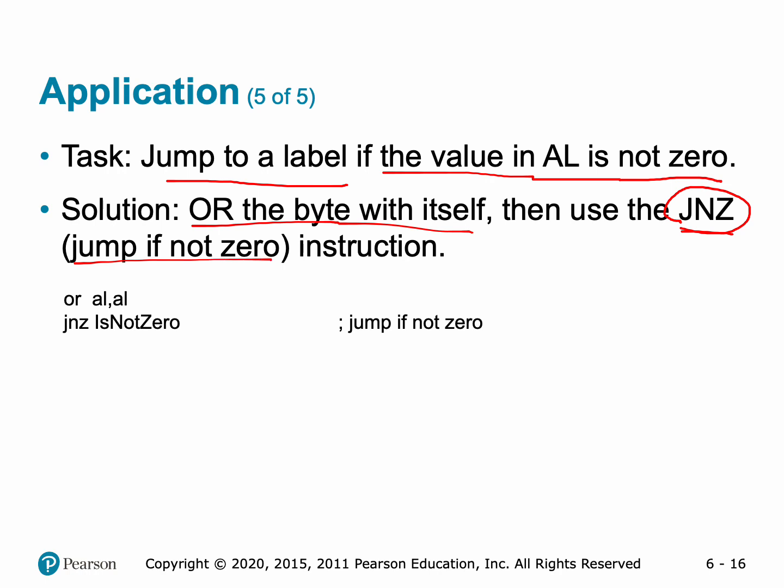So let's say that AL is 1, 1, 0, 0. So that's AL.